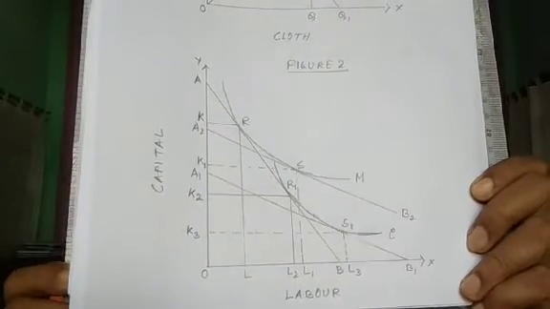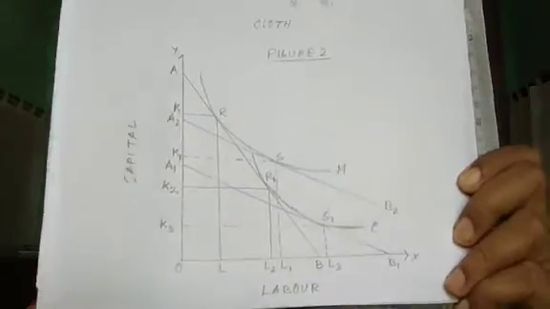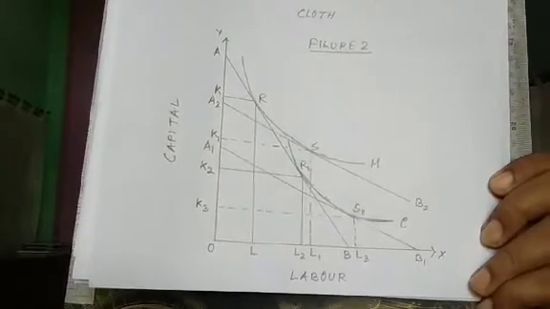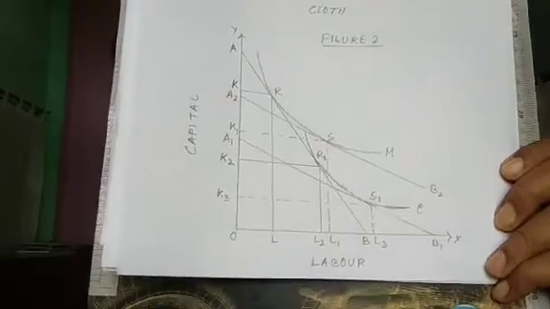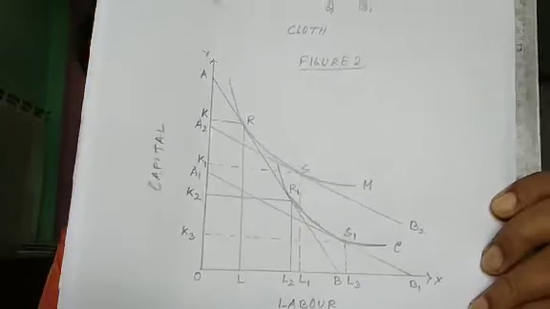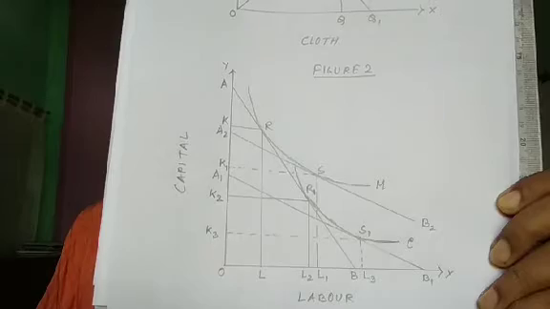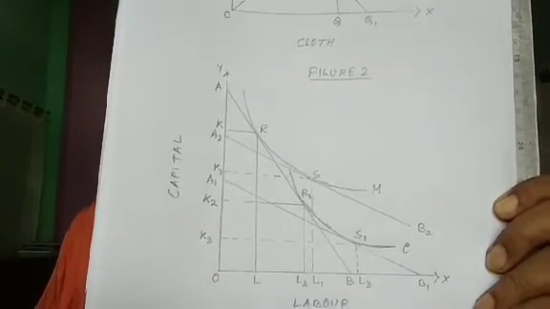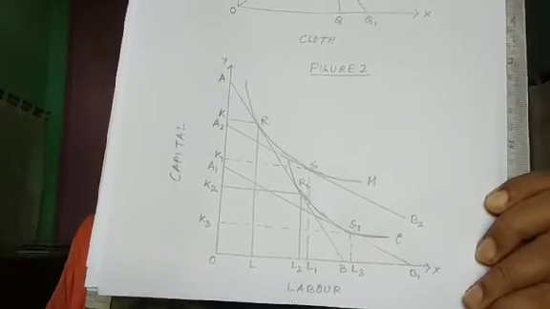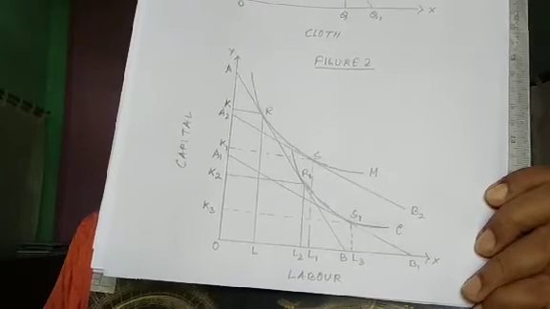And as we can see, AB factor price line is tangent to the isoquant M at point R. It means that country A can produce a certain number of units of machine, say 100 machines, by employing OK units of capital and OL units of labor.